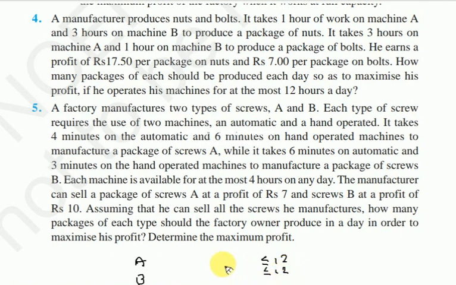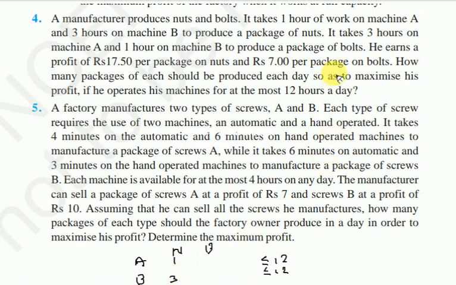And from A and B, what are we doing? We are producing nuts and bolts. I will take nuts and bolts. So for nuts, the manufacturer takes 1 hour of work on machine A and 3 hours on machine B. 1 hour here, 3 hours here to produce nuts.